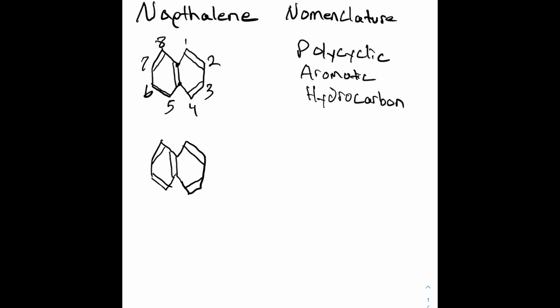If we put a methyl group, say on the number 1 carbon, this would simply be 1-methyl naphthalene.